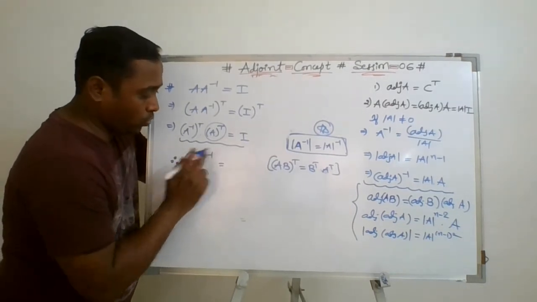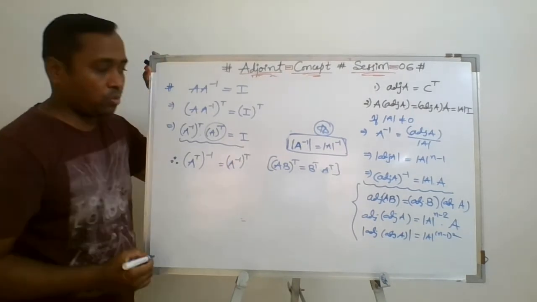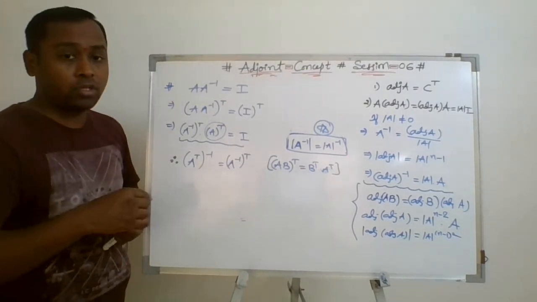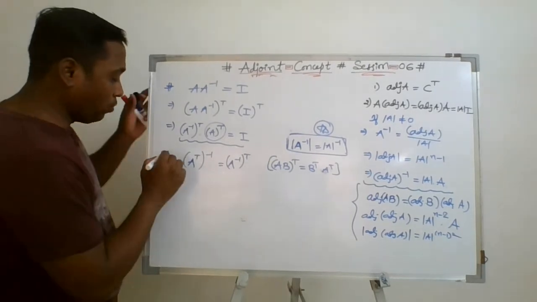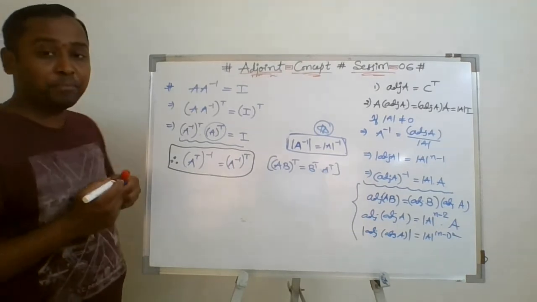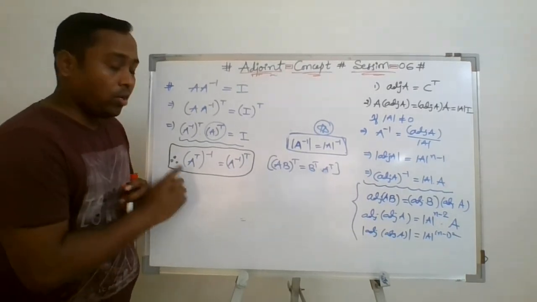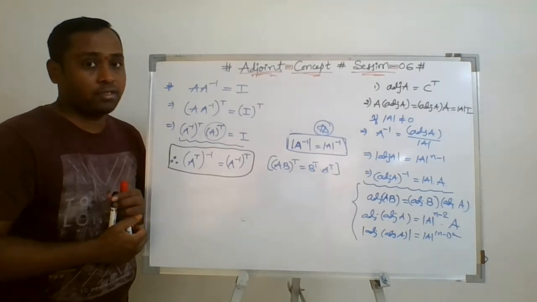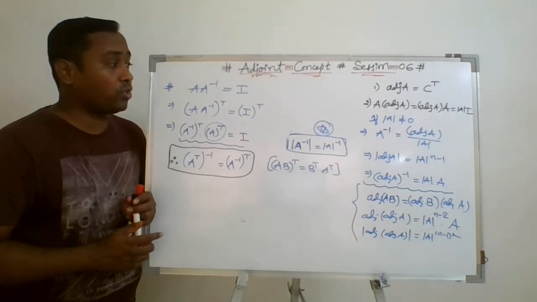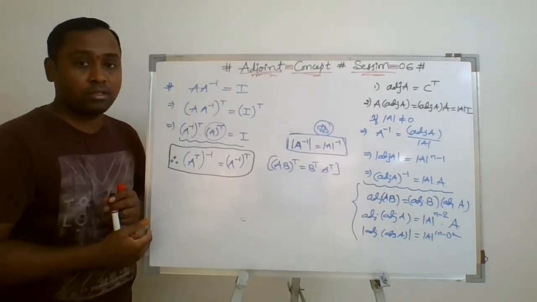Hence A transpose whole inverse is equal to A inverse whole transpose. This is a very, very, very important result. You need to remember it at least for 1 year, I would say, till your board exams. So A transpose whole inverse is equal to A inverse whole transpose. This is the sub result derived just by taking the transpose on the main result.